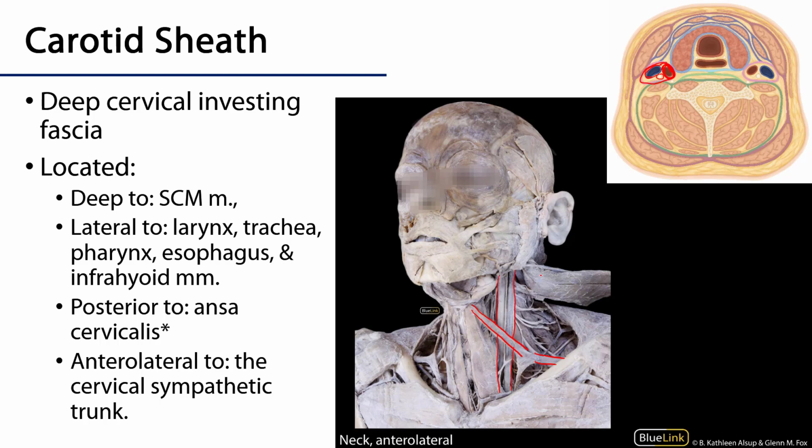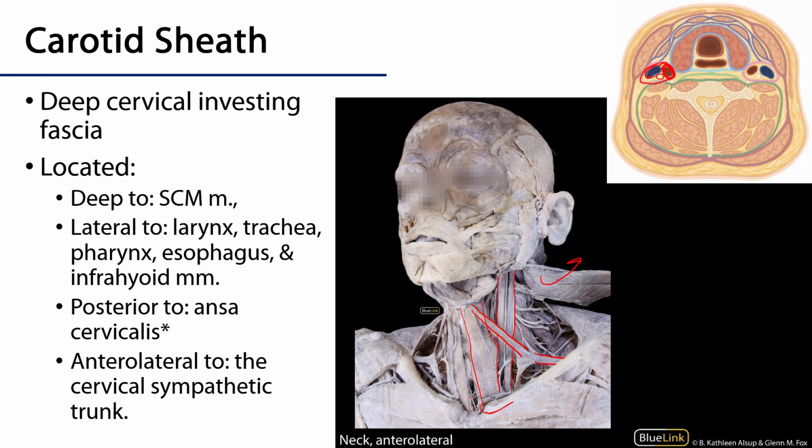Reflected away is the sternocleidomastoid muscle, but as we can see, it would be attaching down here. So the carotid sheath would be deep to both the SCM as well as the omohyoid. We can see other infrahyoid muscles of the neck here. So the carotid sheath is going to be lateral to those muscles.